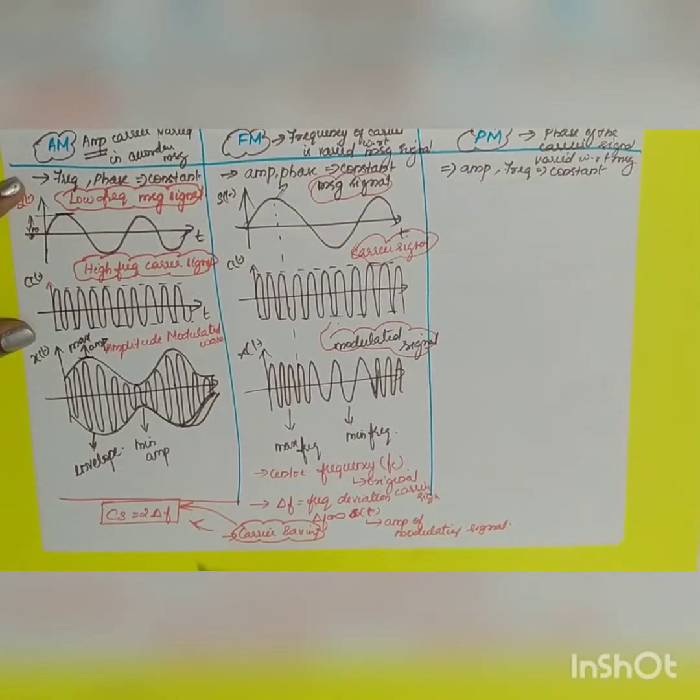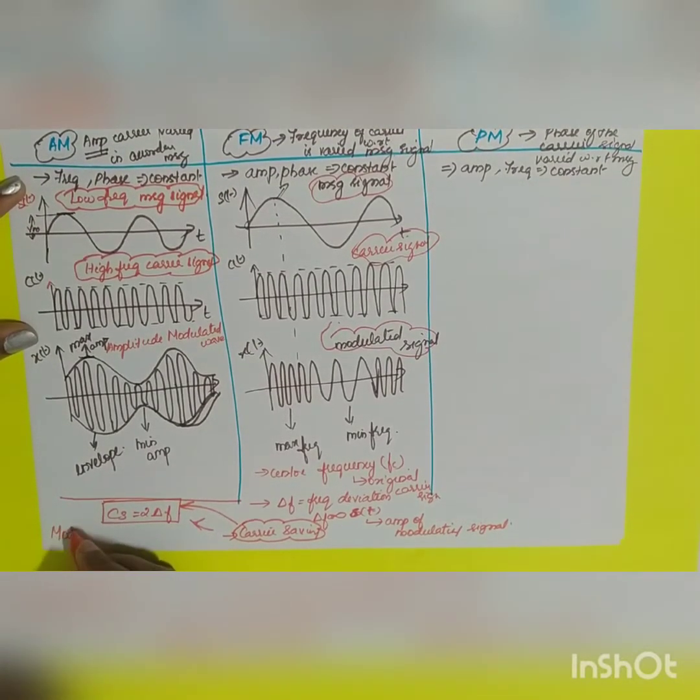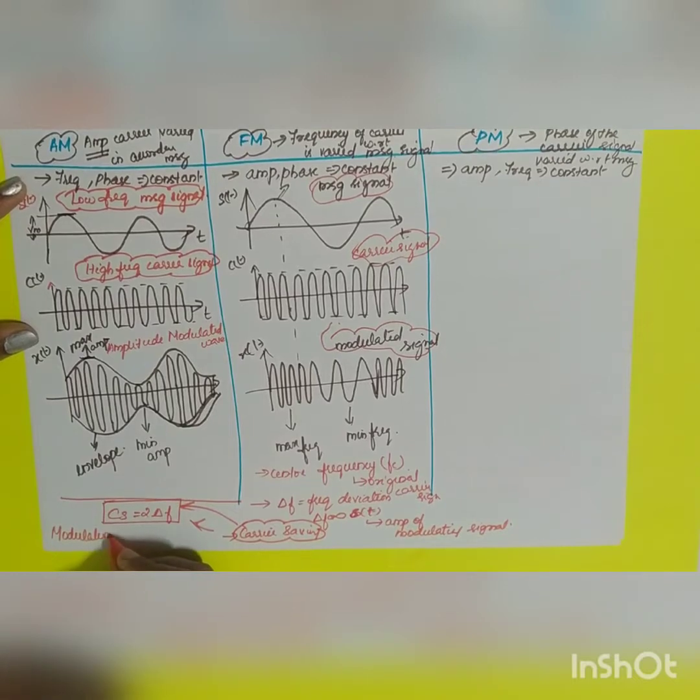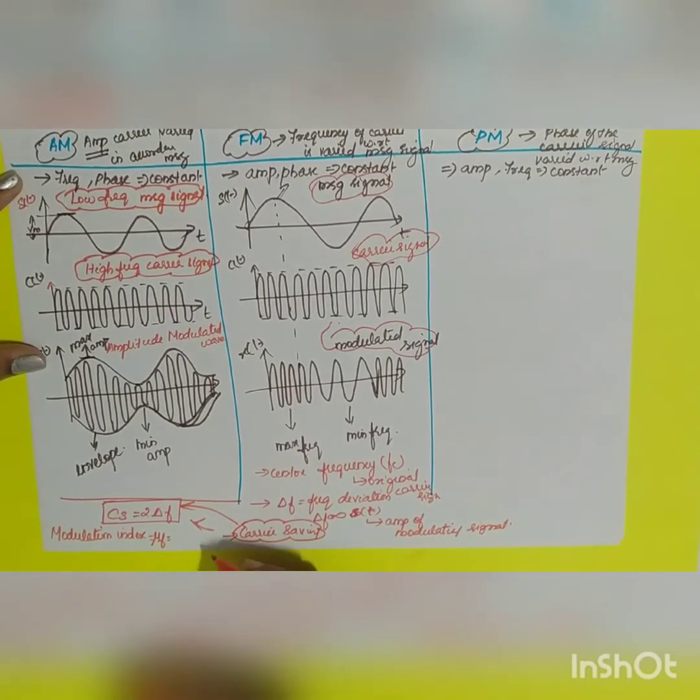The last one is your modulation index. Modulation index is given as mu f, mu suffix f.